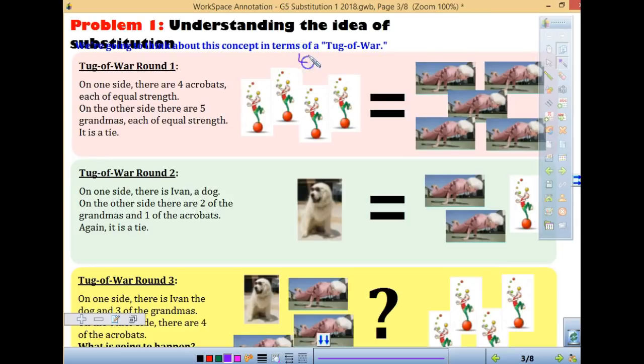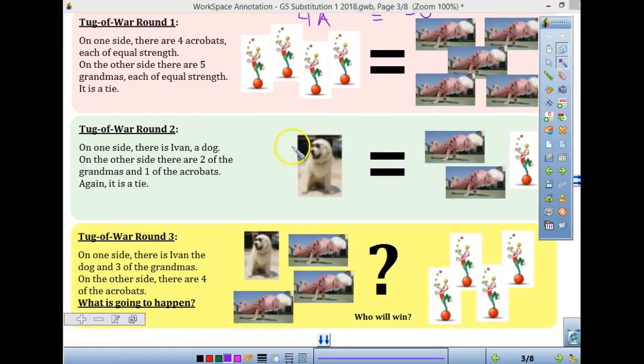So we have 4A, 4 acrobats, is equal to the strength of 5 grandmas. Next, tug of war round 2: on one side you have Ivan the dog, and on the other side there are 2 grandmas and 1 acrobat. Again, it's a tie. So we have Ivan the dog, instead of D, because D sometimes looks like an O or a 0, equals 2 grandmas plus an acrobat.